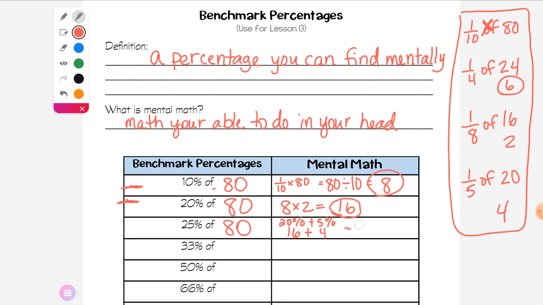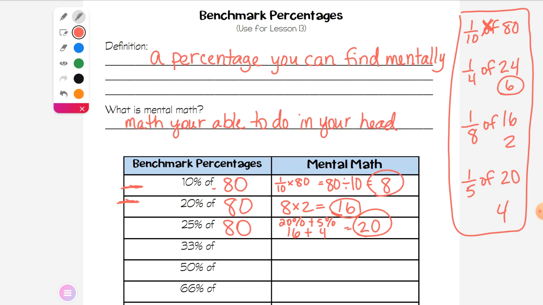So 16 plus 4 is 20. And again, this is number sense. If this is challenging, it's because we're still working on developing that number sense. If you can find 10%, you can build that up or break it down to about any other percentage.